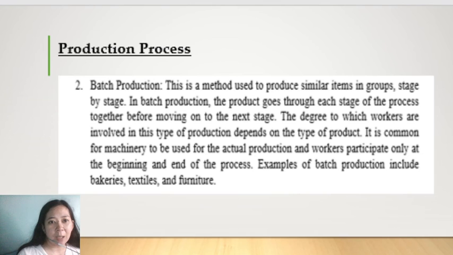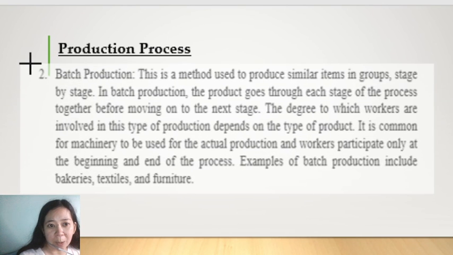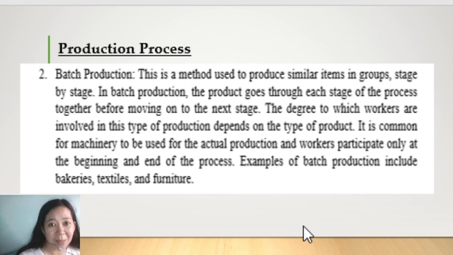The next type of production process is batch production or processing. This is a method used to produce similar items in groups, stage by stage. The product goes through each stage of the process together before moving on to the next stage. The degree to which workers are involved will depend on the type of product they produce.